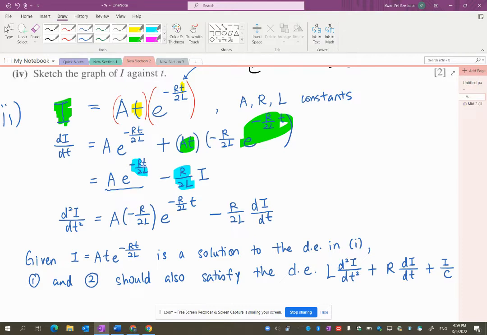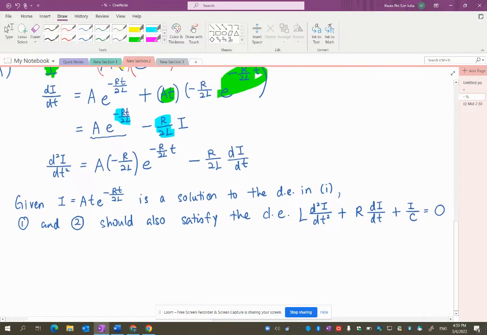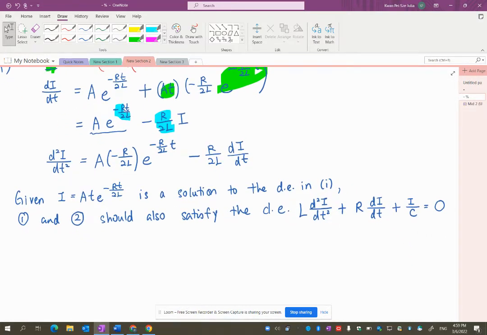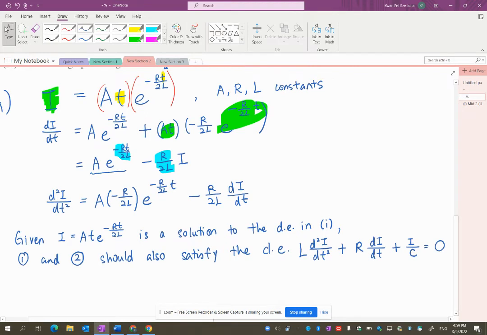All right, now that we have found our di/dt and d2I/dt2, we can then substitute them into our DE in part 1. Since I equals this expression is a solution to the DE in part 1, therefore our first derivative, let me call this equation 1, and the second derivative should also satisfy the DE.